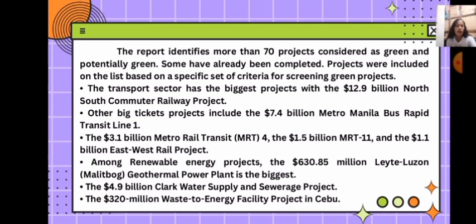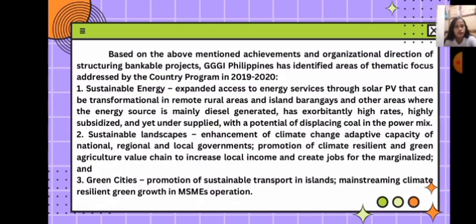So among the renewable energy projects, the $630.85 million Leyte to Luzon geothermal power plant is the biggest. Then the $4.9 billion Clark water supply and sewerage project. Then the $320 million waste to energy facility project in Cebu.